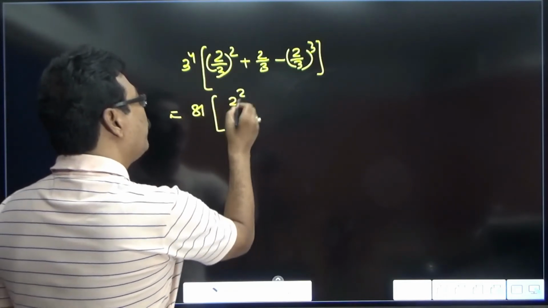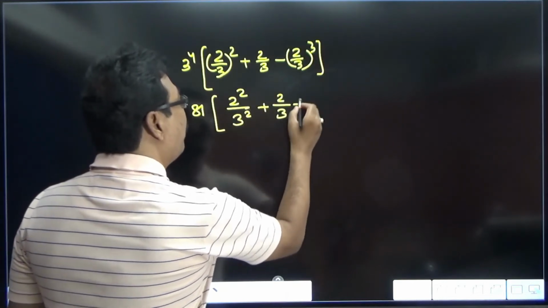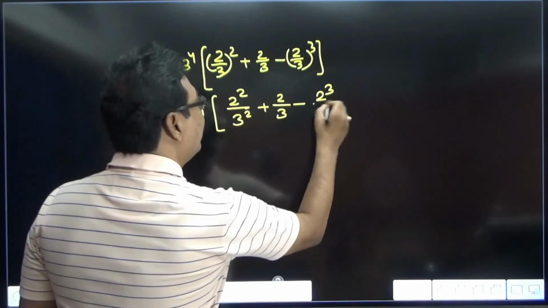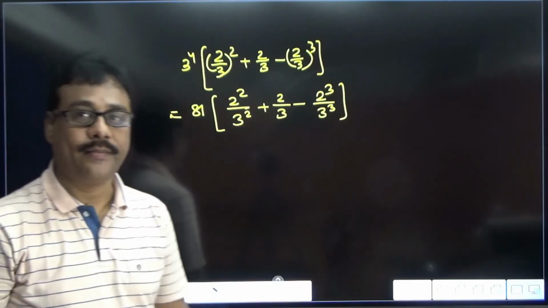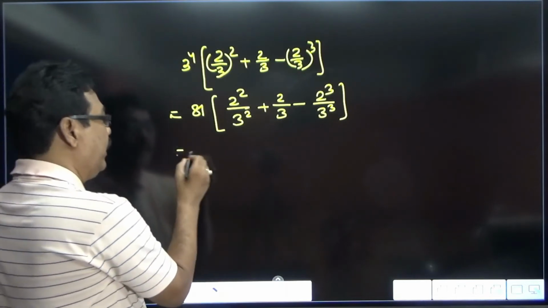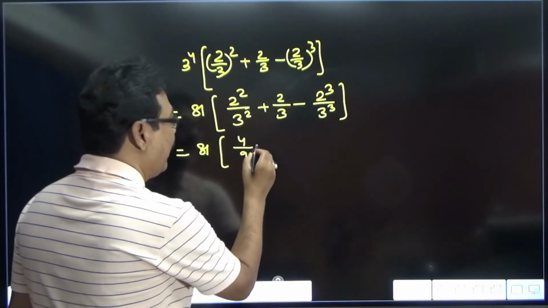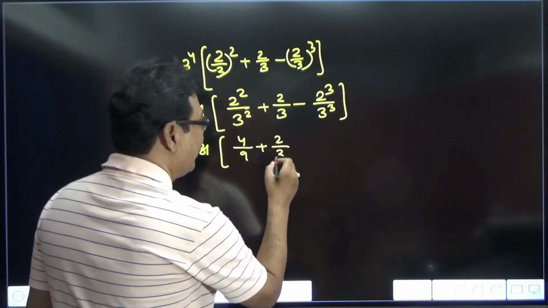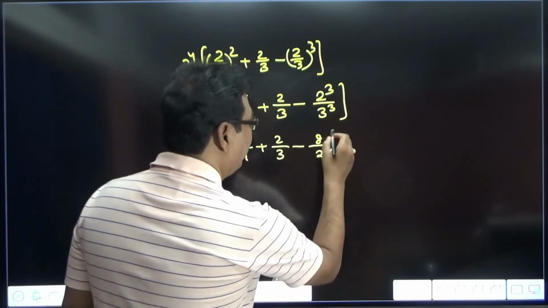This will be 2 square by 3 square plus 2 by 3 minus 2 cube by 3 cube. This way you can write. Now next, let me write 81 here. This is 4 by 9 I can write, plus 2 by 3, minus 8 by 27. The LCM of this.